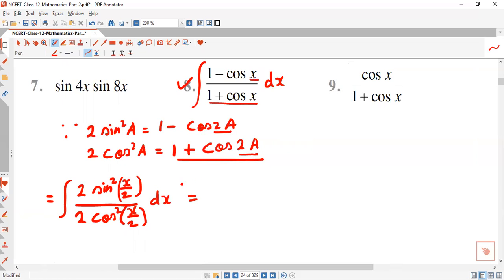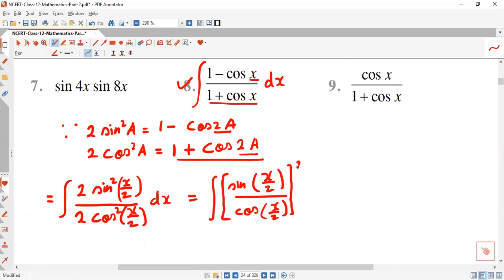The 2s cancel out, and now we have sin x by 2 and cos x by 2 whole square, because the power of both functions is the same in numerator and denominator. So this becomes tan square x by 2 dx.